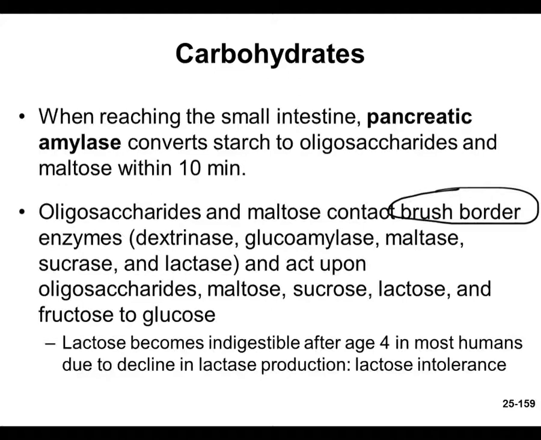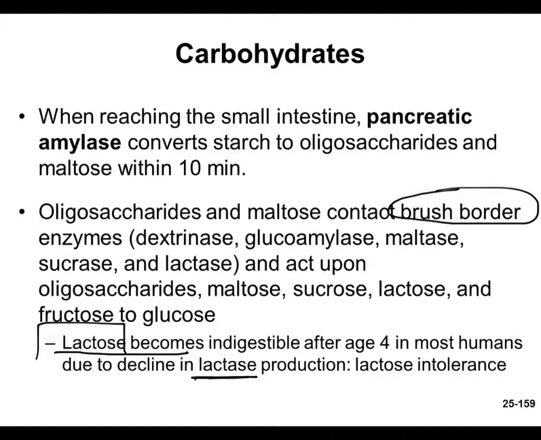Now, some people start having problems with the breakdown of lactose. Lactose is milk sugar. People who are lactose intolerant no longer make an enzyme called lactase. Lactase breaks down lactose, and so if you are not able to break down lactose, then that sugar remains in your gut, and the bacteria in your gut can start breaking it down, and that can lead to some gassy side effects.